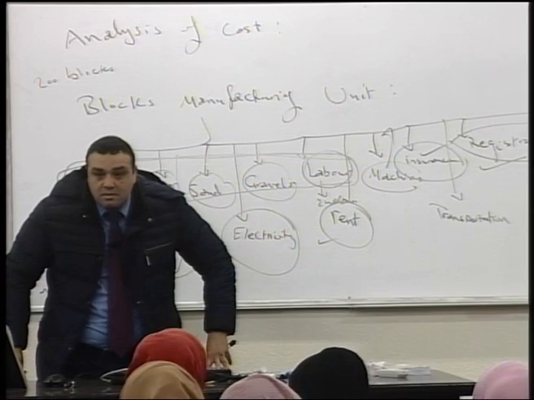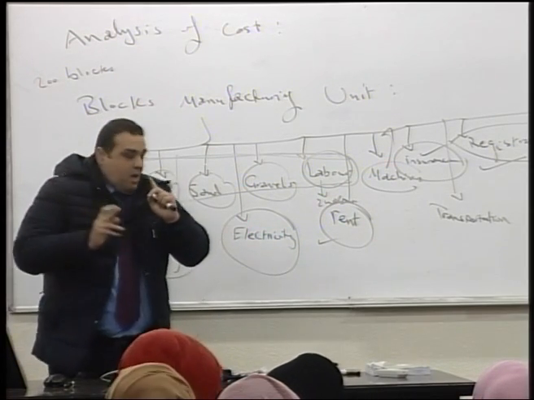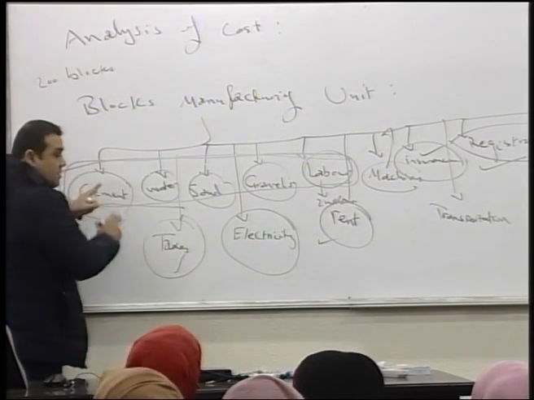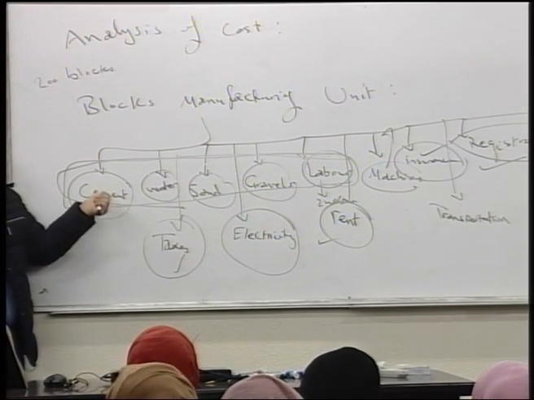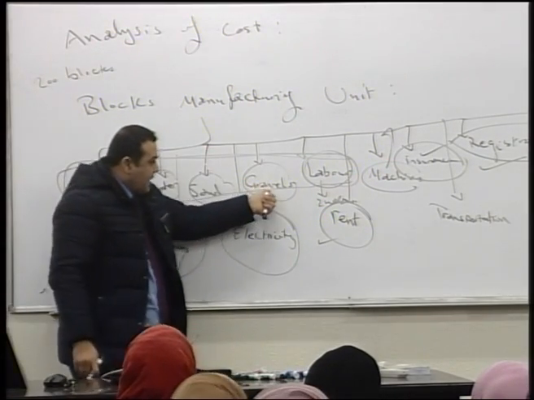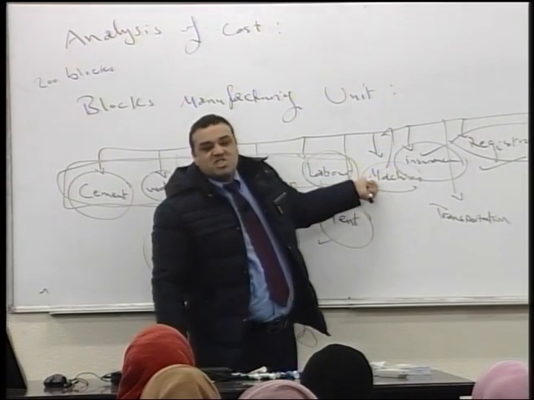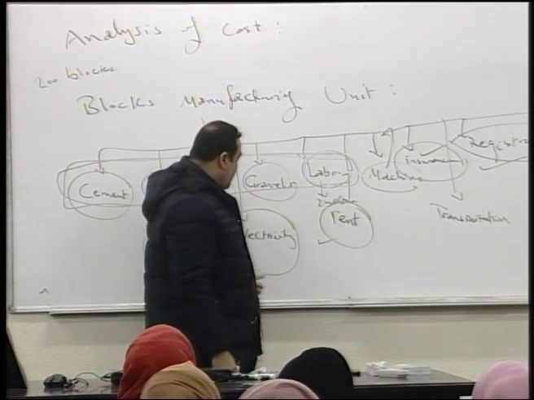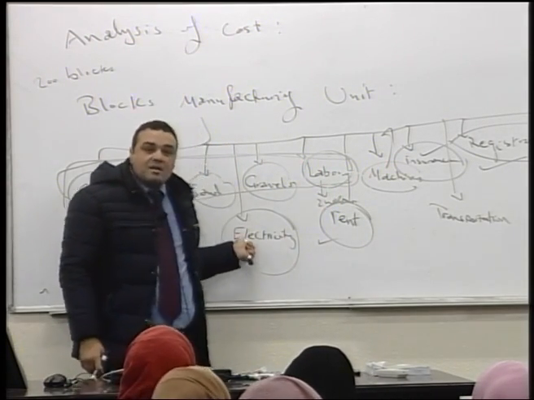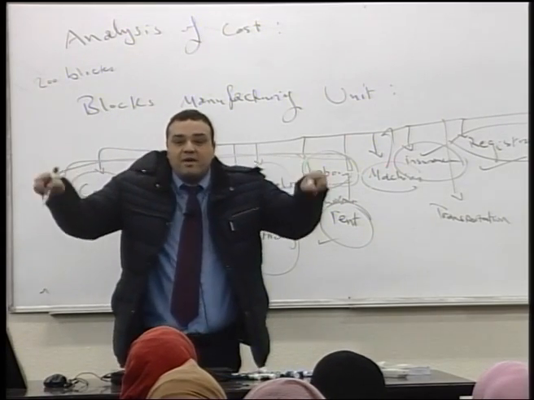Right? So the sum of the variable costs, cement, water, sand, gravels, the wages or salaries, and electricity, is called the total variable cost.